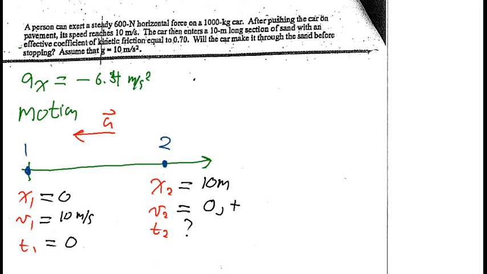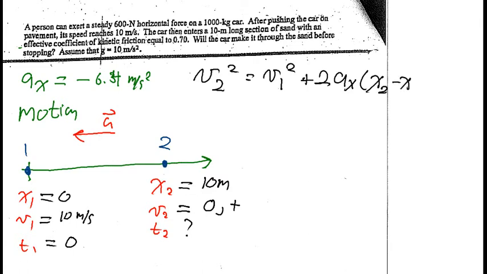Alright, so since we have information about the position, the velocity, and the acceleration, it makes sense to use the third equation on the list that has the squares. So that would be that v2 squared equals v1 squared plus 2 times the acceleration times x2 minus x1.